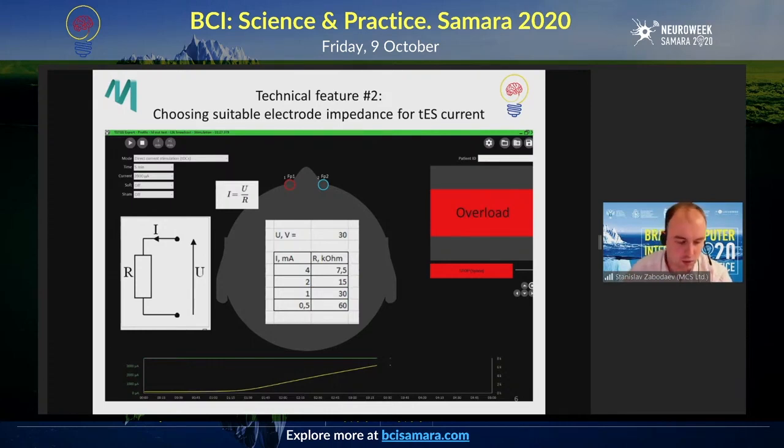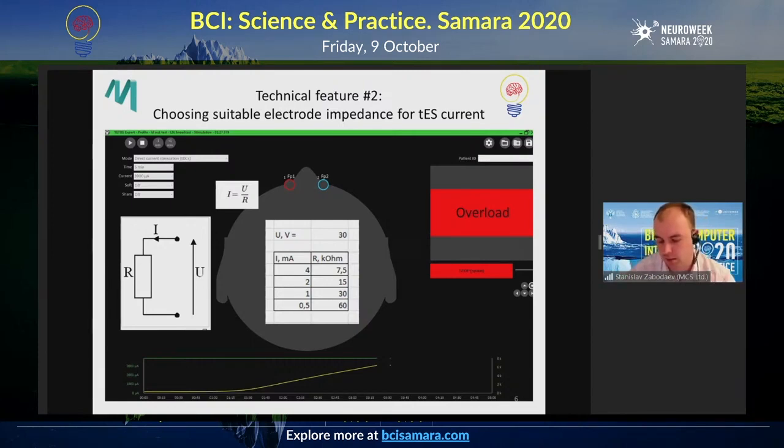If you use, let's say, a regular stimulator, let's say a Chinese-made stimulator, it will work for some time, but not all of them can deal with electrical overload.